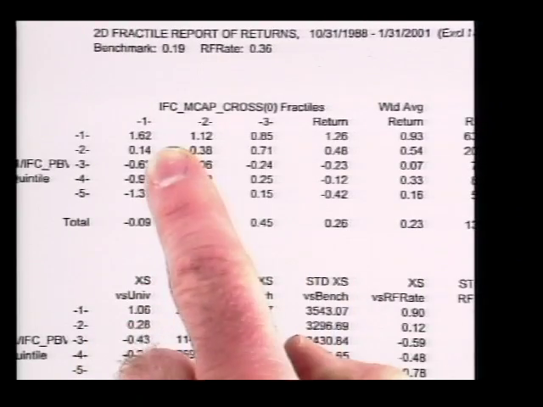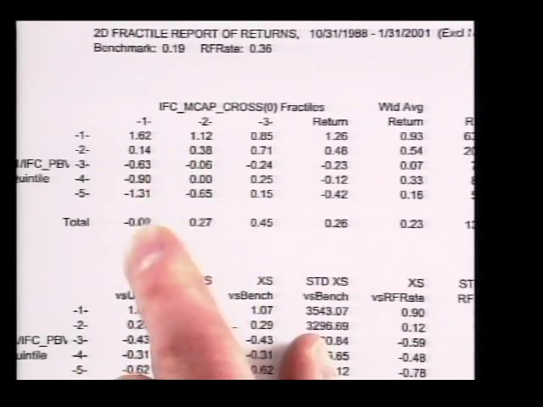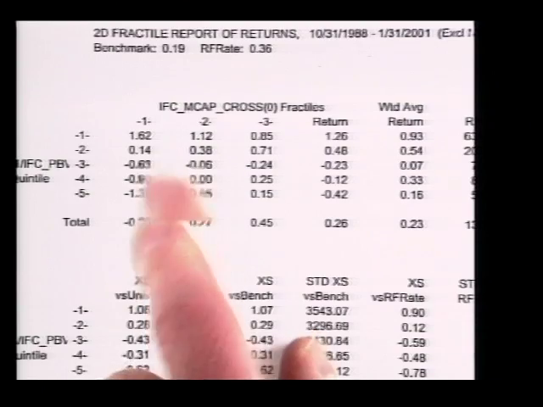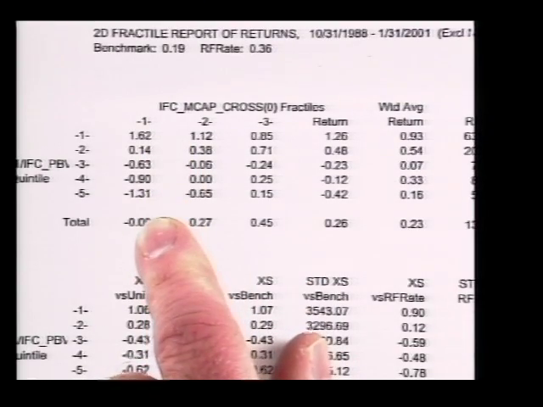So we're comparing cell 1-1 with cell 5-1 now. Consistent performance: 3% per month, 36% per year. So again, we see a price to book effect with the small cap stocks that is dramatic.